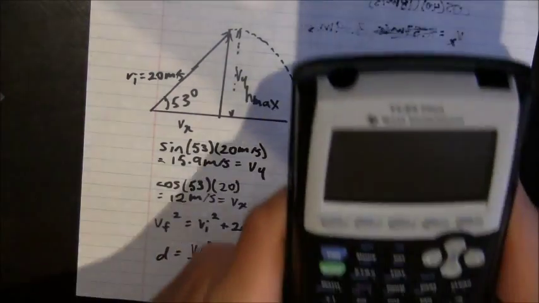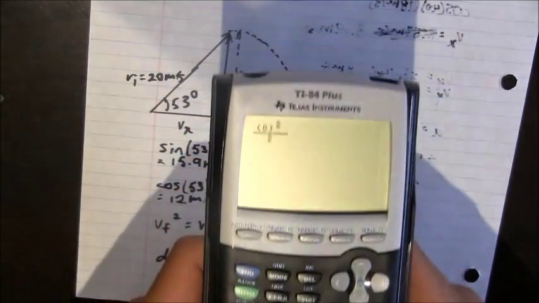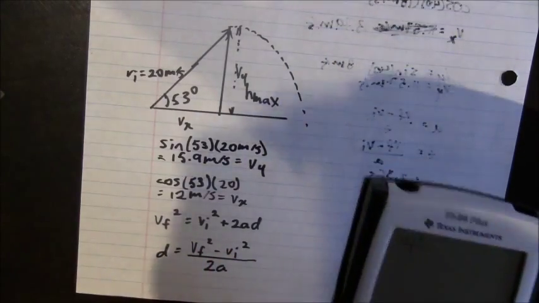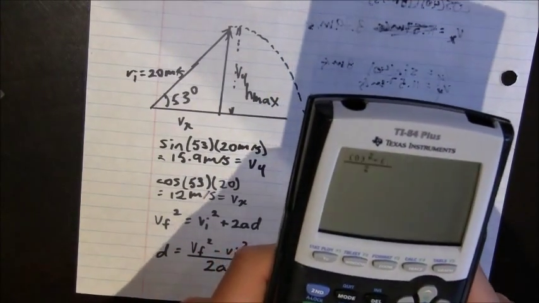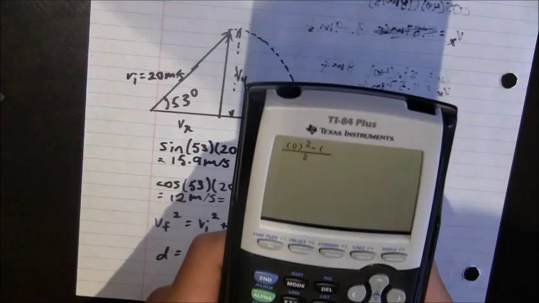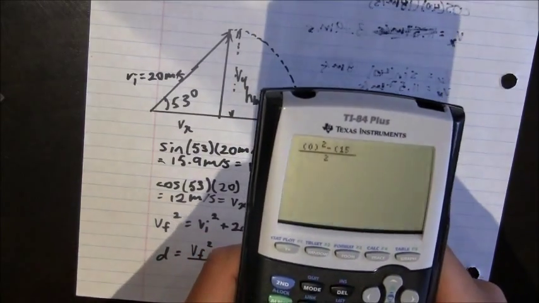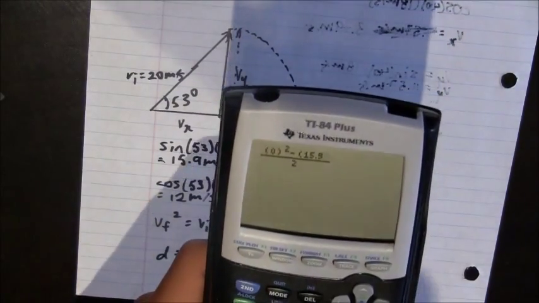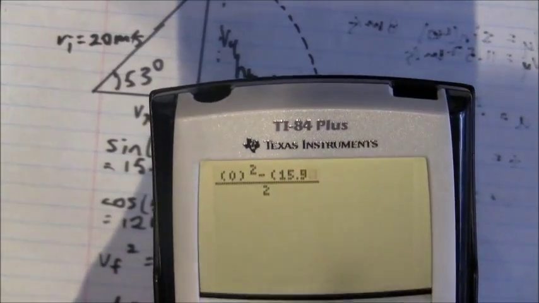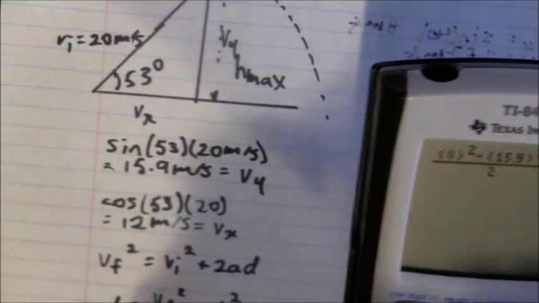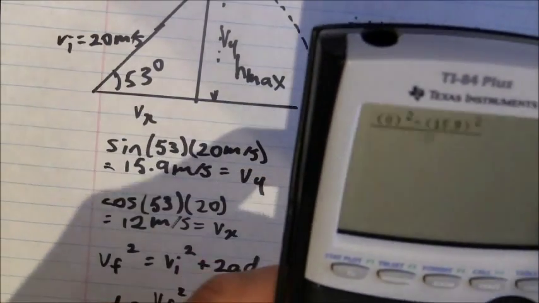Our Vf is 0, correct? Now, subtract our Vi. What is our Vi? Well, I said it was 15.9. Hope you guys can see that. It was 15.9 meters per second, and we square that. And what's our acceleration?